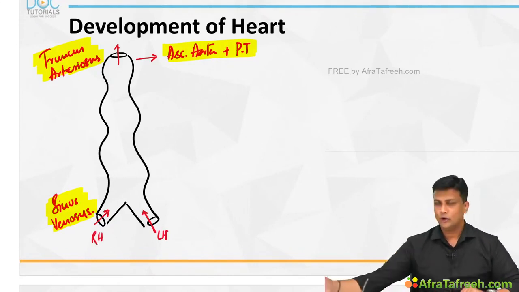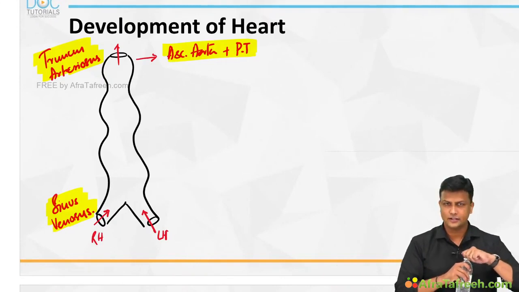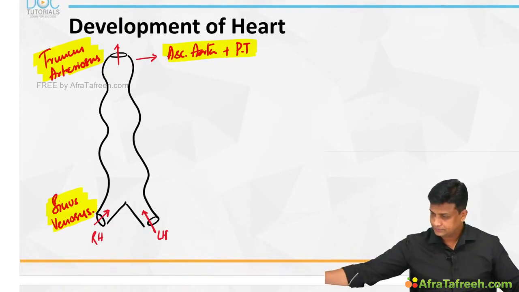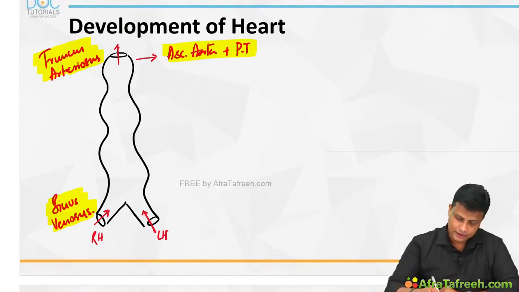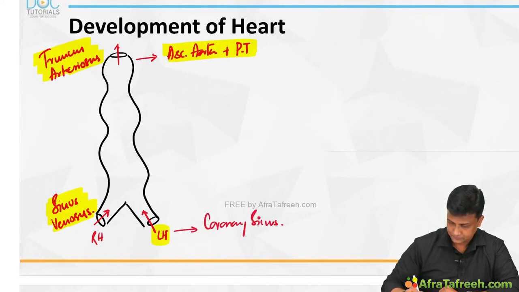Now out of this right horn and left horn, can anyone tell me which is the one which is going to form the coronary sinus? Remember, it is the left horn. The remnant of the left horn will be the coronary sinus.